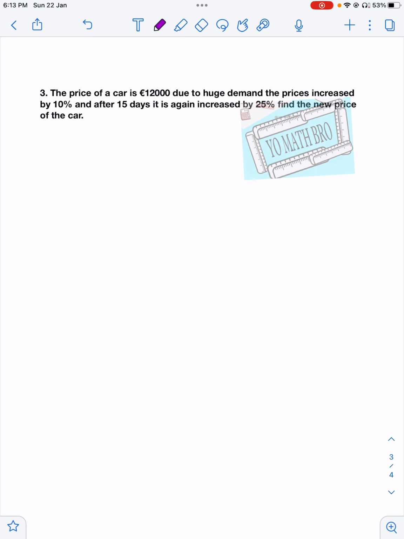In the previous two examples, one was increasing and in the second case it was decreasing. This is an example in which it increased and again due to huge demand it increased. The method, my dear students, remains the same.